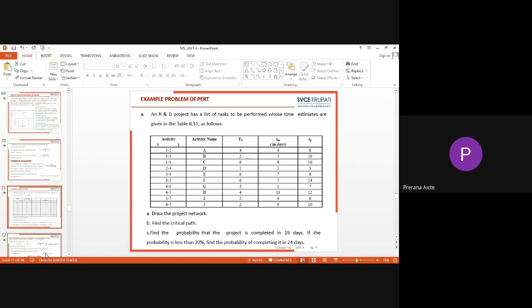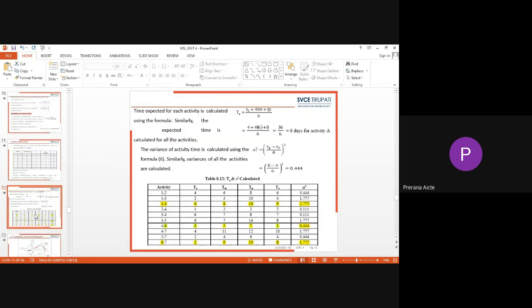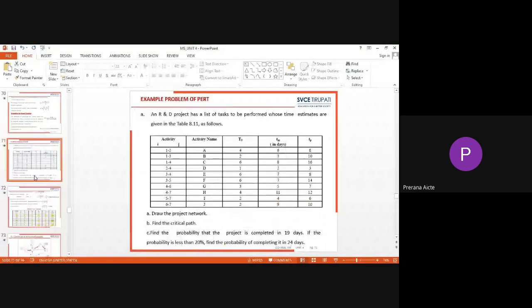In this particular example, the activity names are clearly listed, like A, B, C, D, E, and so on, up to J, along with the optimistic time, the most likely time, and the pessimistic time. These three time estimates are given, and based on those data, we'll calculate the probability. Before that, we need to calculate the variance, and we need to draw the project network.